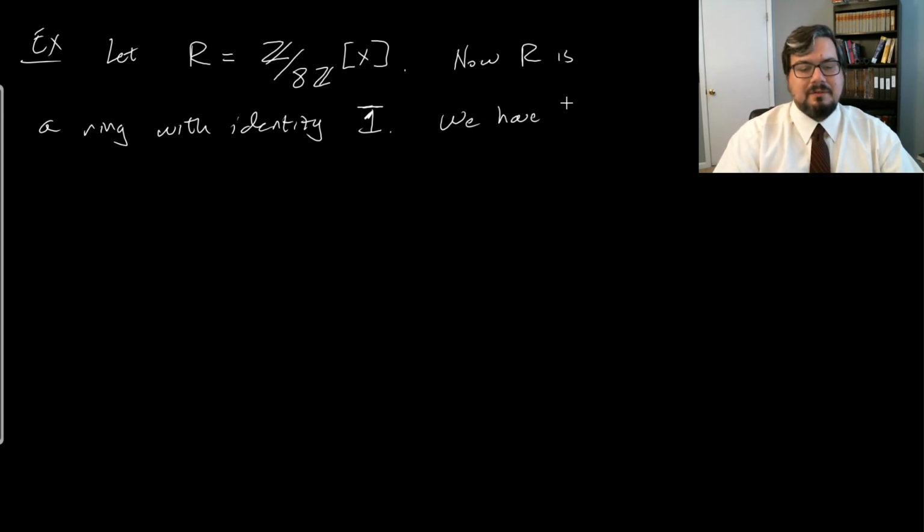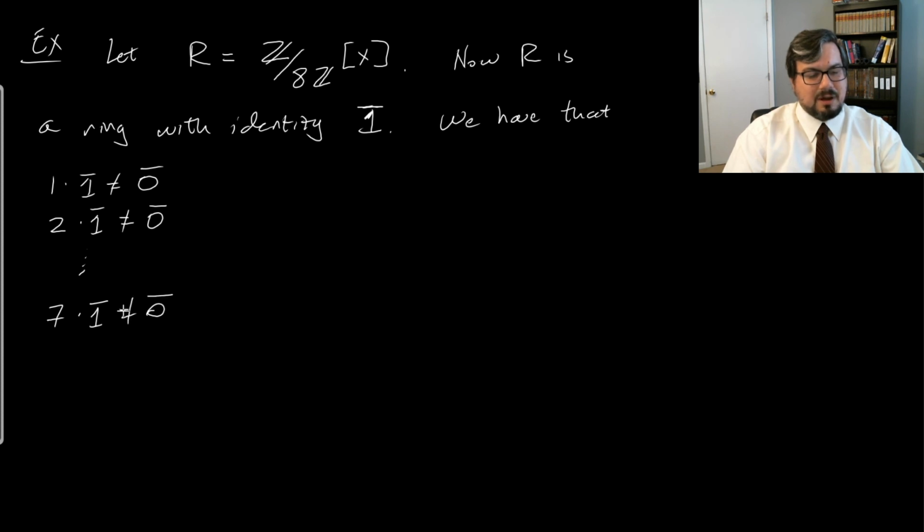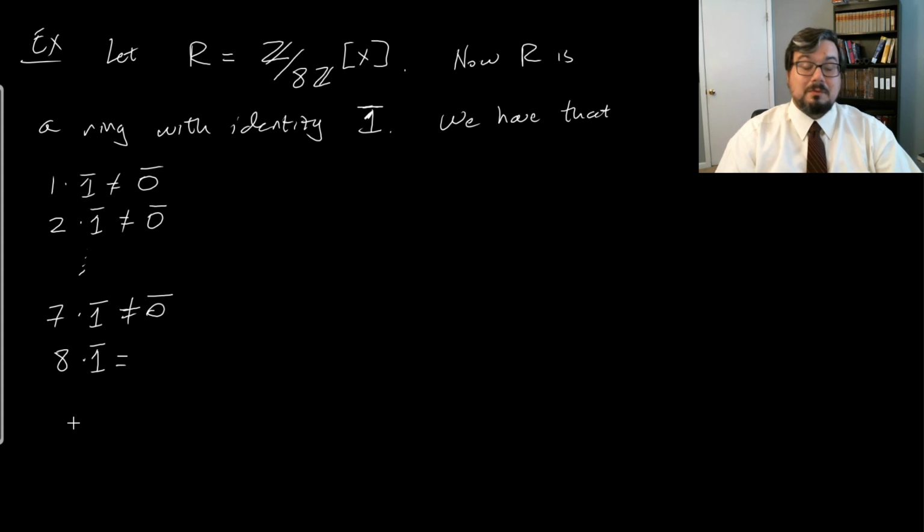And now we have that 1 times 1 bar is not equal to 0 bar. 2 times 1 bar is not equal to 0 bar. All the way down, 7 times 1 bar is not equal to 0 bar. But we have that 8 times 1 bar would be 1 bar plus 1 bar added up 8 times.